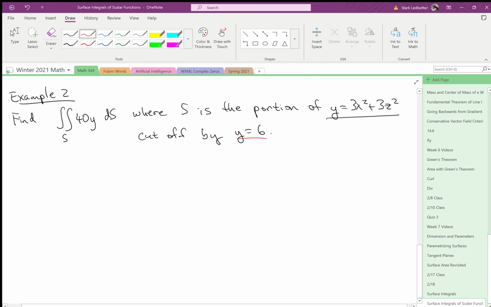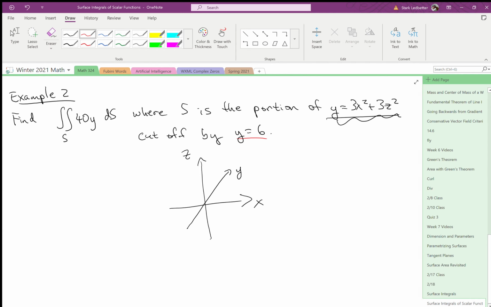by this plane. Okay, so we probably do need a picture of this one. What does that look like? X, Y, Z. Okay, so all my y values are non-negative. At the origin, at x and z equals 0, y is 0.